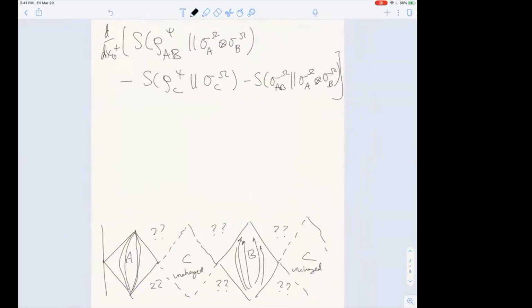And what you can work out is that this is actually equal to the derivative of delta of the modular Hamiltonian on C in the psi state. So this is a vacuum subtracted expectation value, and delta on H_B.